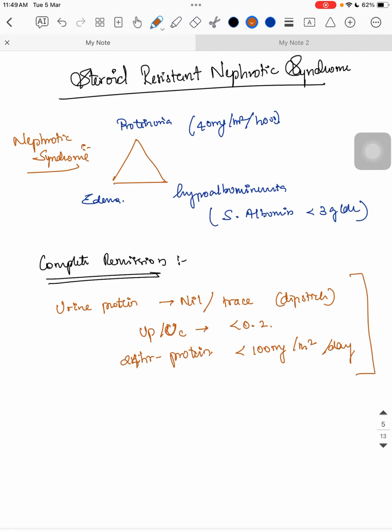This is called complete remission when you start a child on prednisolone at a dose of 60 mg per meter square per day for about 6 weeks.